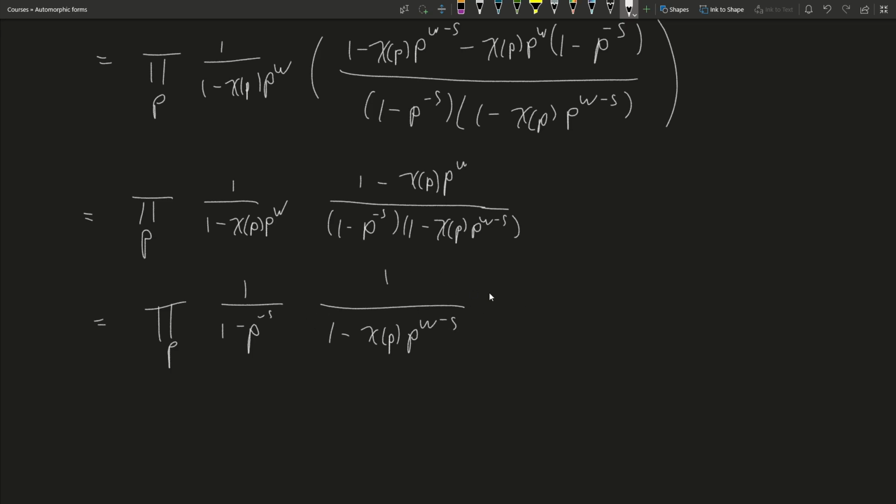And this we can just recognize as the Riemann zeta function times this Dirichlet L function, but at s minus w.